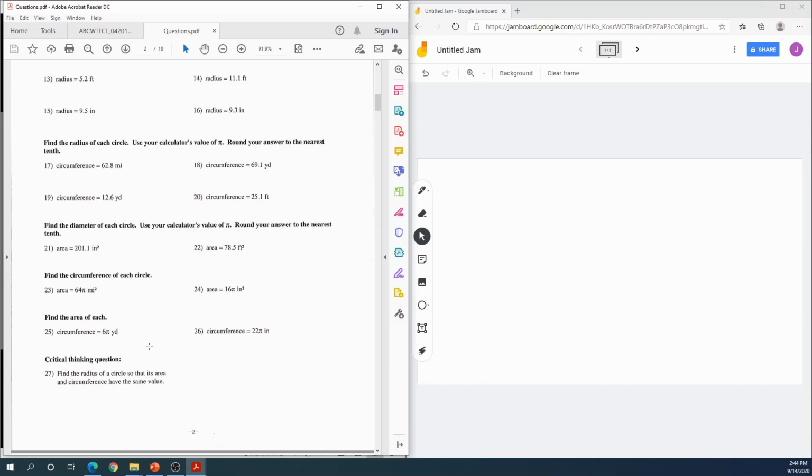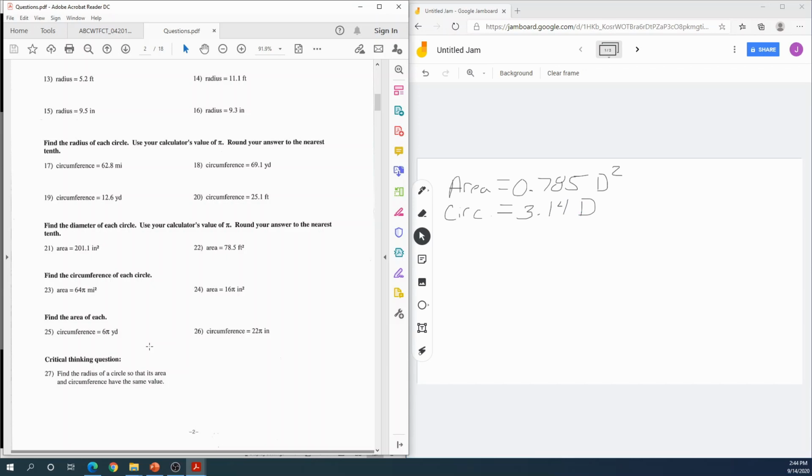So we've been working with two equations. We have our area is equal to 0.785 times diameter squared. And we know that circumference is equal to 3.14 times diameter.